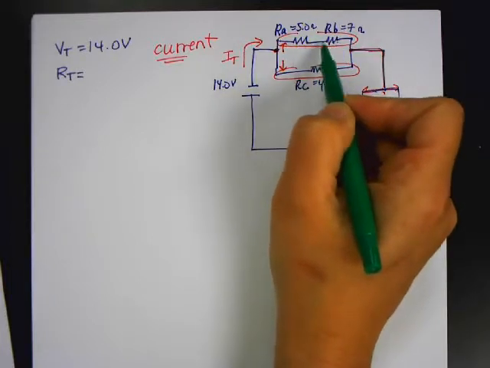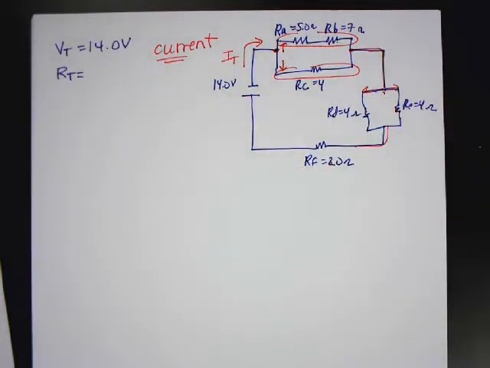So because there's only one path, those two are in series. So what I can do right now is, because RA and RB are in series, I can add those two first.